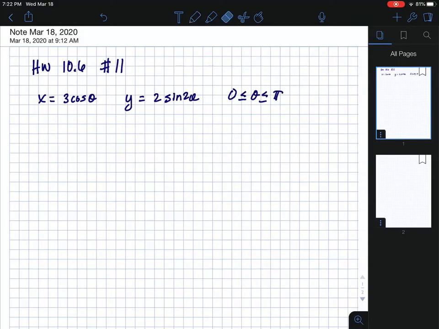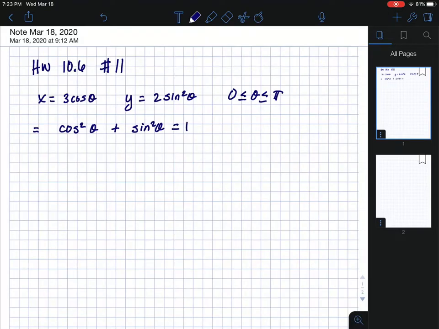So let me fix this right here. In the example in the book, it tells you that you can change this to cosine squared theta plus sine squared theta is equal to 1.